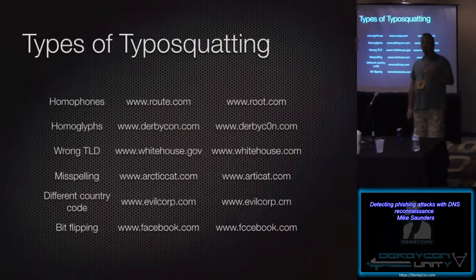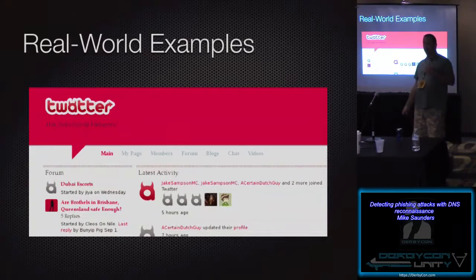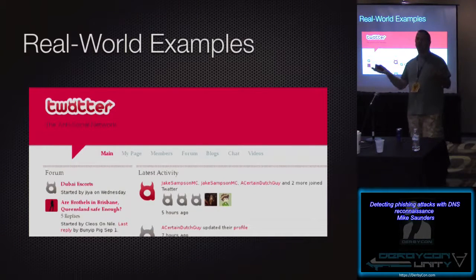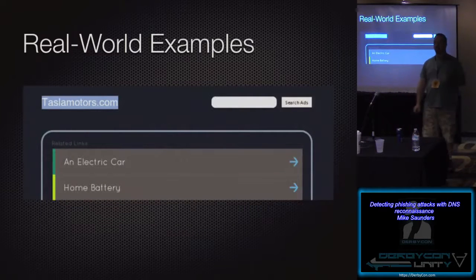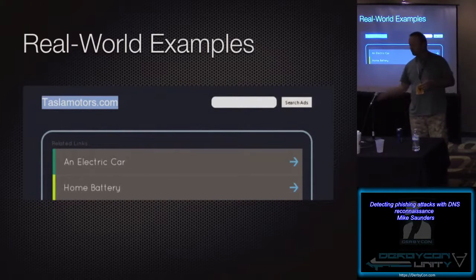So I'm going to show you a couple of examples of traditional typosquatting. We have real-world examples. Twatter.com. This is typosquatting for profit, we'll call it, not advertising. But how about TeslaMotors.com? It's a vowel swap, and it's advertising. You can see here, you click on these, they're ads, they're just generating money.